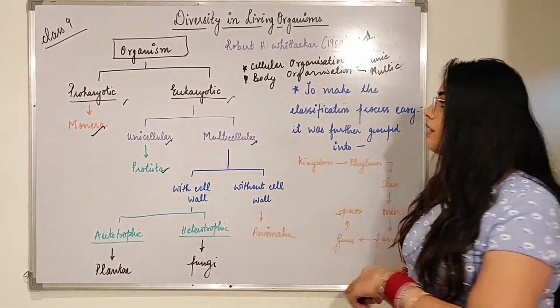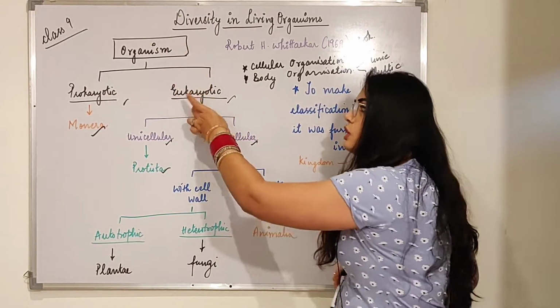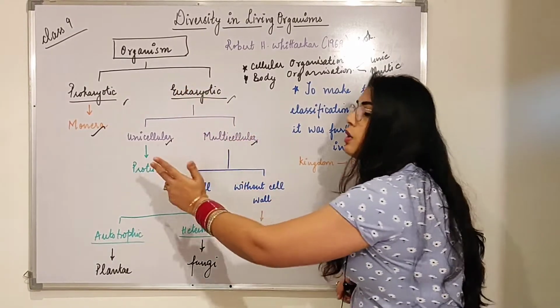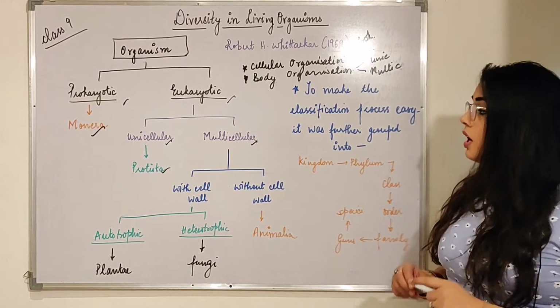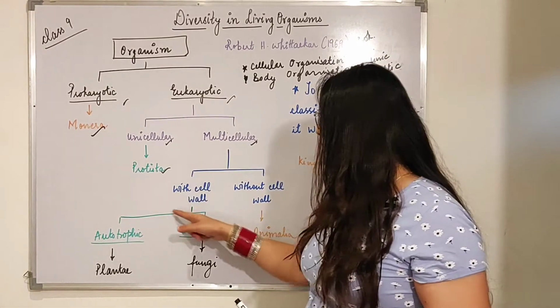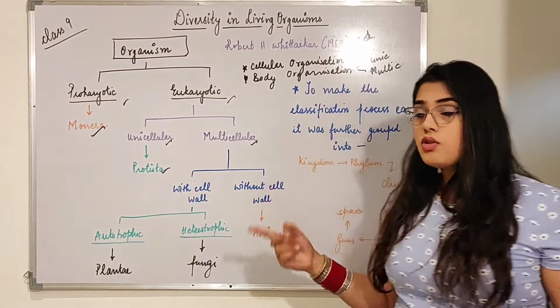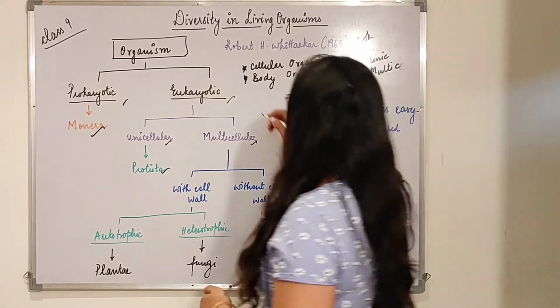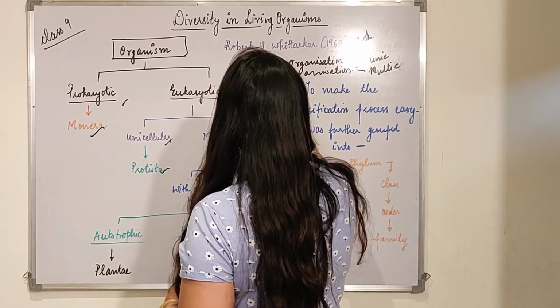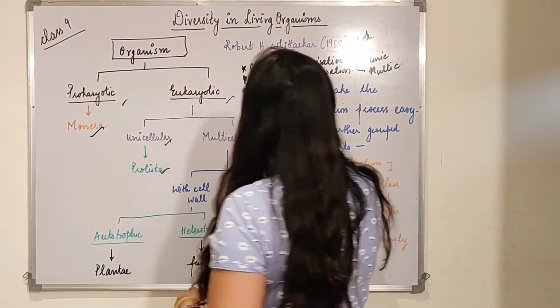Now if you observe that the organism is eukaryotic but not unicellular, it is multicellular. Now what is happening, beta? You will see whether the cell wall is present or absent. So the third basis of classification is the cell wall.